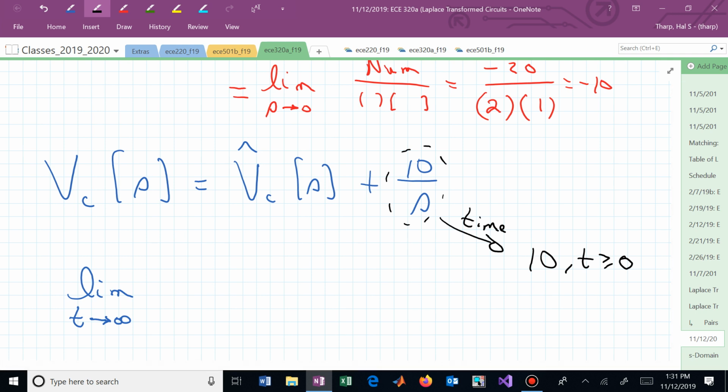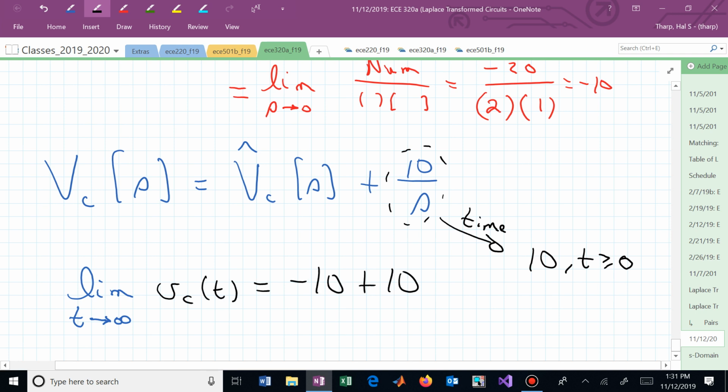So the limit as t goes to infinity of V sub c of t is minus 10 plus 10, or 0 volts. Questions on that analysis?